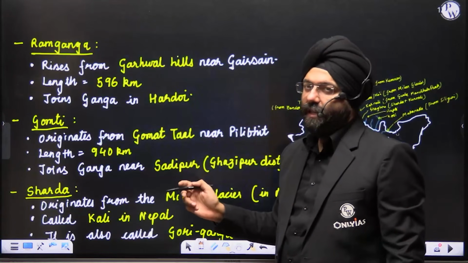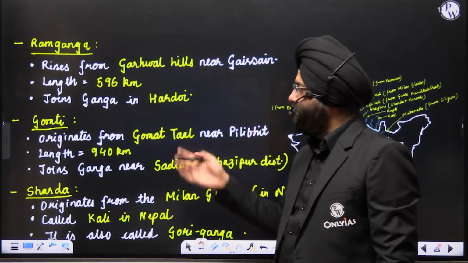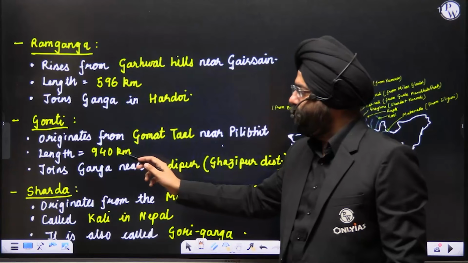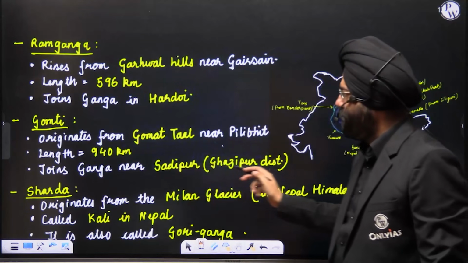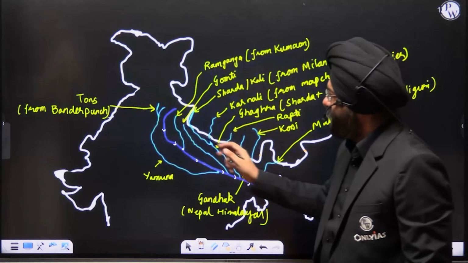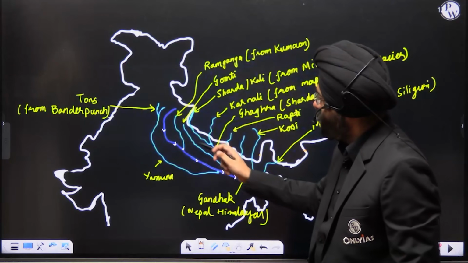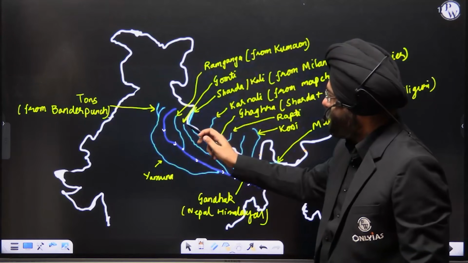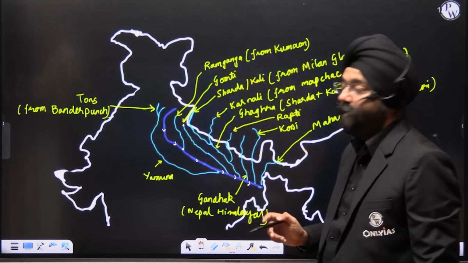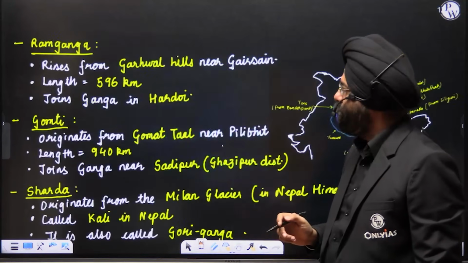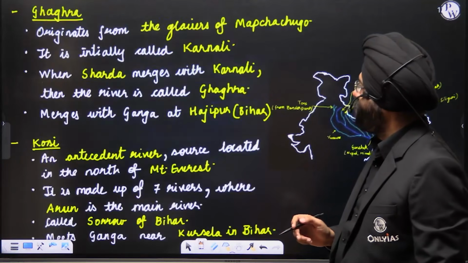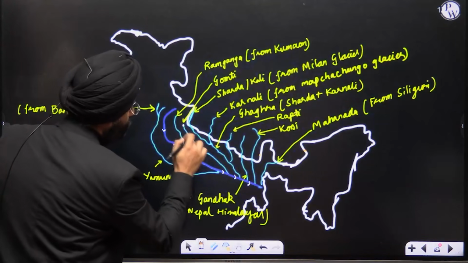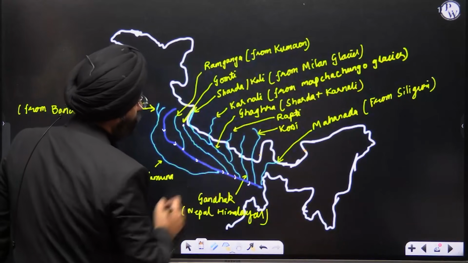Now comes Gomti. Gomti is a very important river, which basically originates from the Gomat Tal near Pilibhit. 940 kilometers, joins Ganga near Sadipur in the Ghazipur district. So if you see this particular Gomti river, you realize this is the region where Gomat Tal is located, and it is joining near the Ghazipur district.